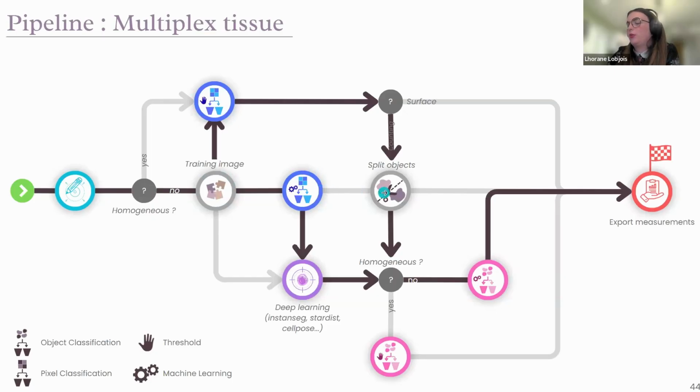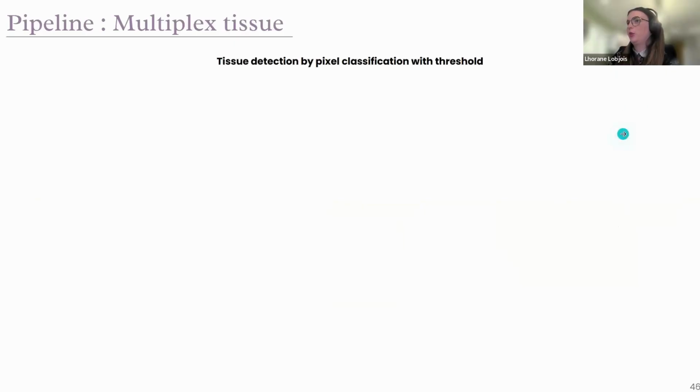I forgot to add this arrow to get my germinal center. I will use InstanceSeg to segment all my cells. I will classify them and then export my measurements. So I will have on a tissue the number of germinal centers and the number of cells that will be, for example, positive for a signal in all of this region of interest. So I can start slowly.